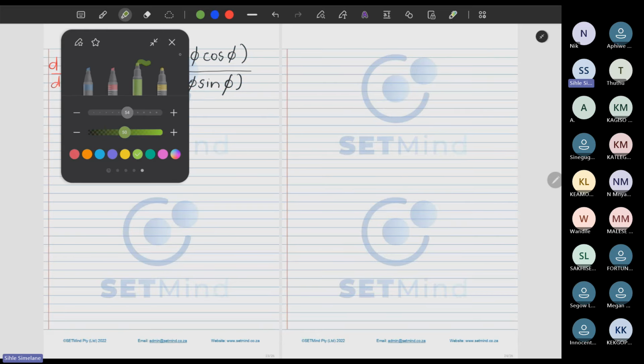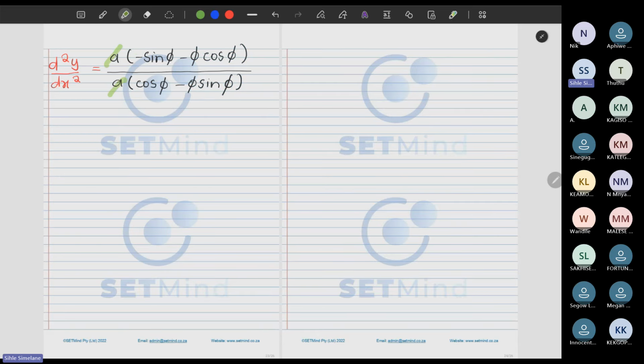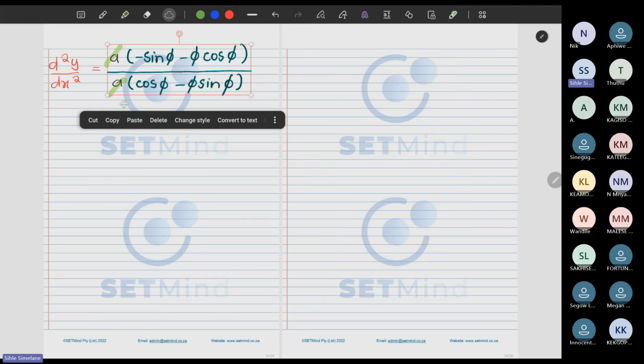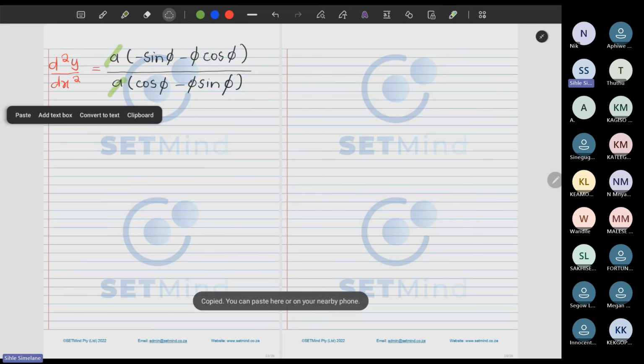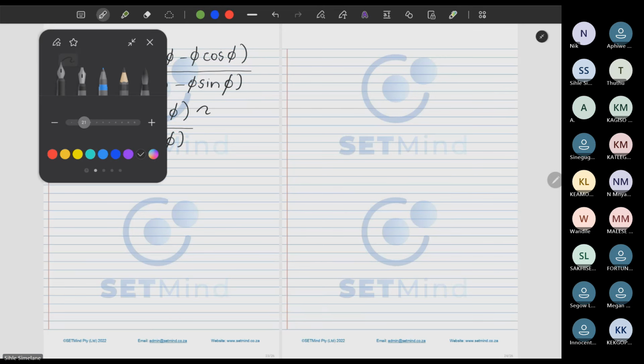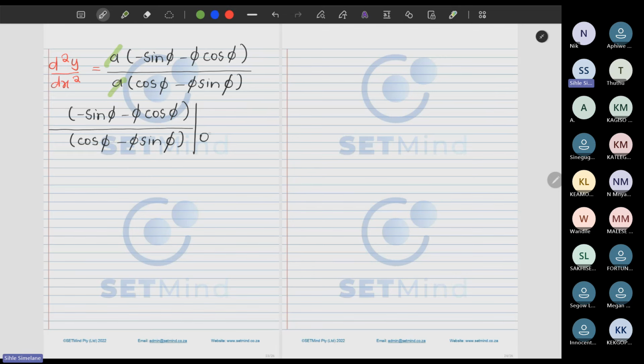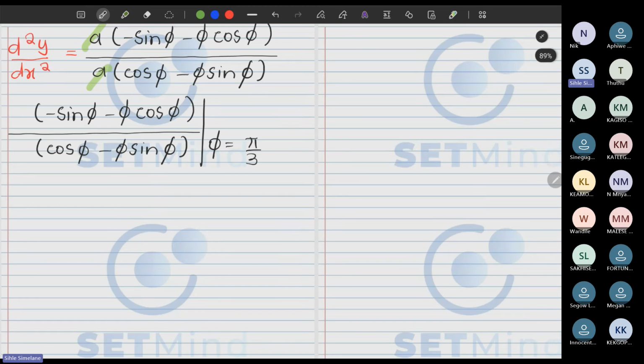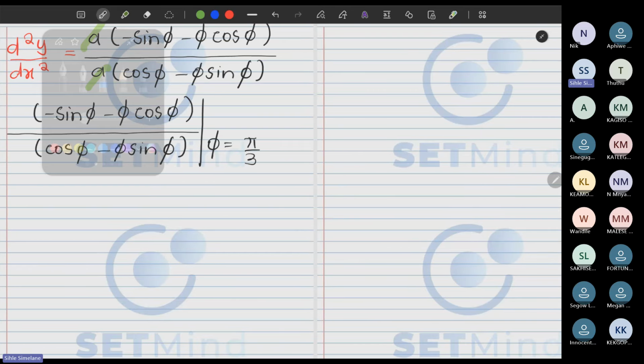But there's one thing that will cancel. So we'll just go and focus on this portion here and sub in our angle. So our angle is pi over 3. Right, let's go. So are you guys allowed to use calculators?